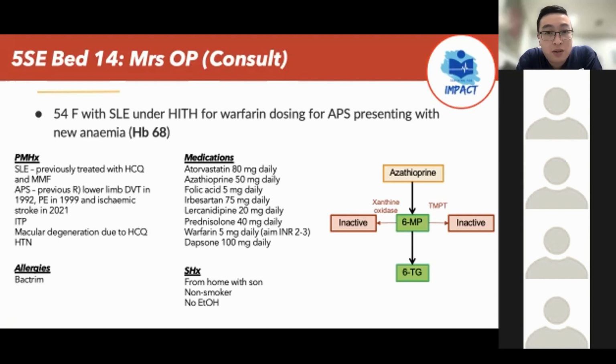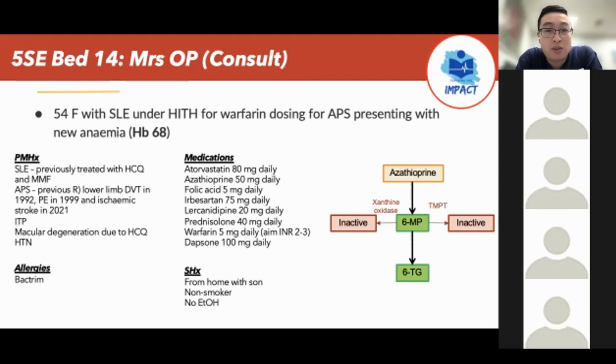It's a female with systemic lupus erythematosus, that at the time of the hematology referral was under hospital in the home for warfarin dosing for secondary antiphospholipid syndrome. Remember, antiphospholipid syndrome goes hand in hand with SLE. And the reason for the hematology consult was new anemia.